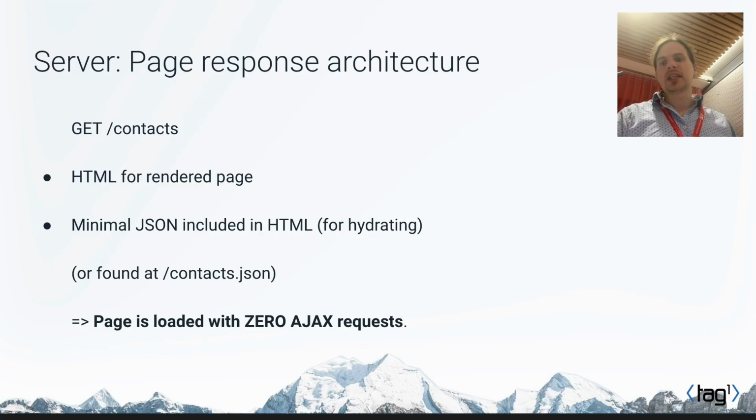The page response architecture works as follows. You get returned the HTML for the rendered page, and you get the minimal JSON included in the HTML for hydrating purposes. That means the page is loaded with 0 AJAX requests. And this is important, because what normally happens, and I've not checked how React does it in version 18, if they do some magic or not, is you have this nicely hydrated page, and it loads for the user.